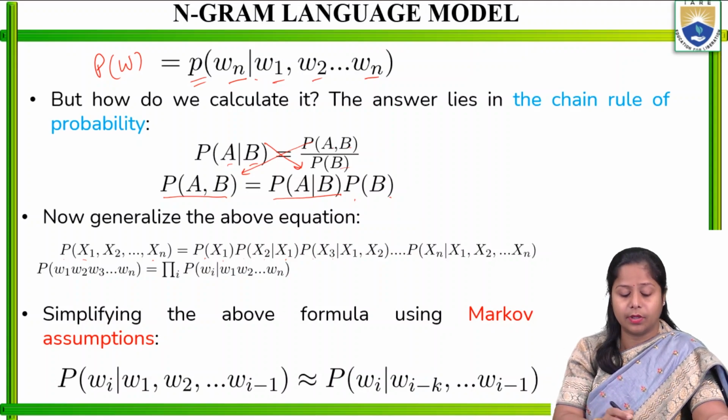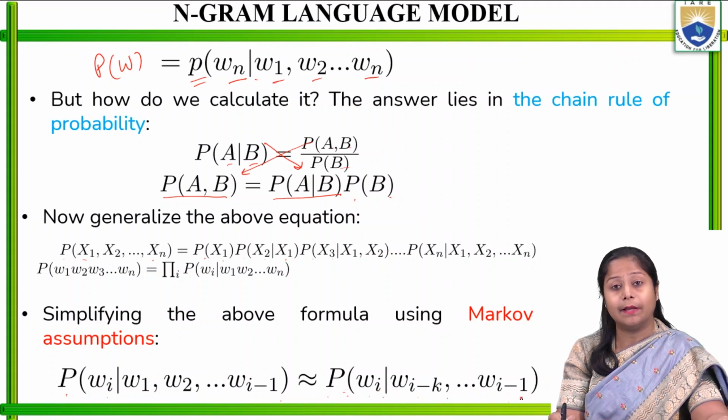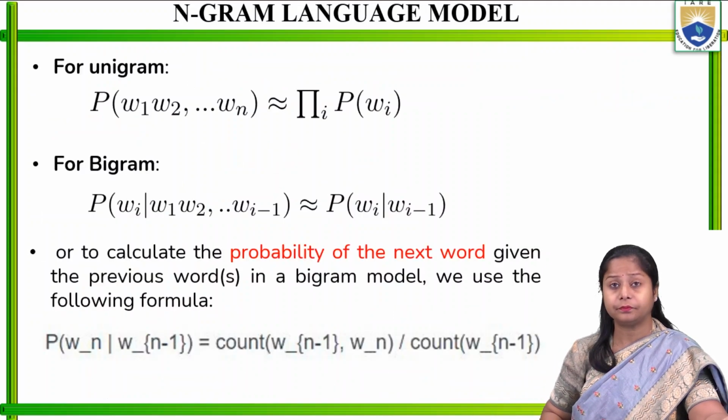So P of Wi given W1 to Wi minus 1 is approximately equal to the probability of Wi given Wi minus k to Wi minus 1. That is the Markov assumption used in language models based on n-grams.